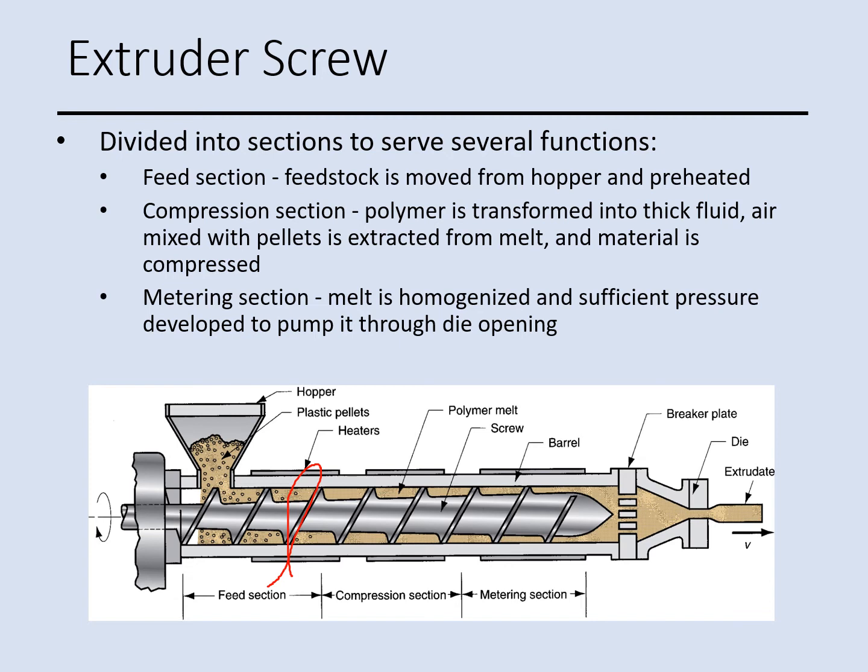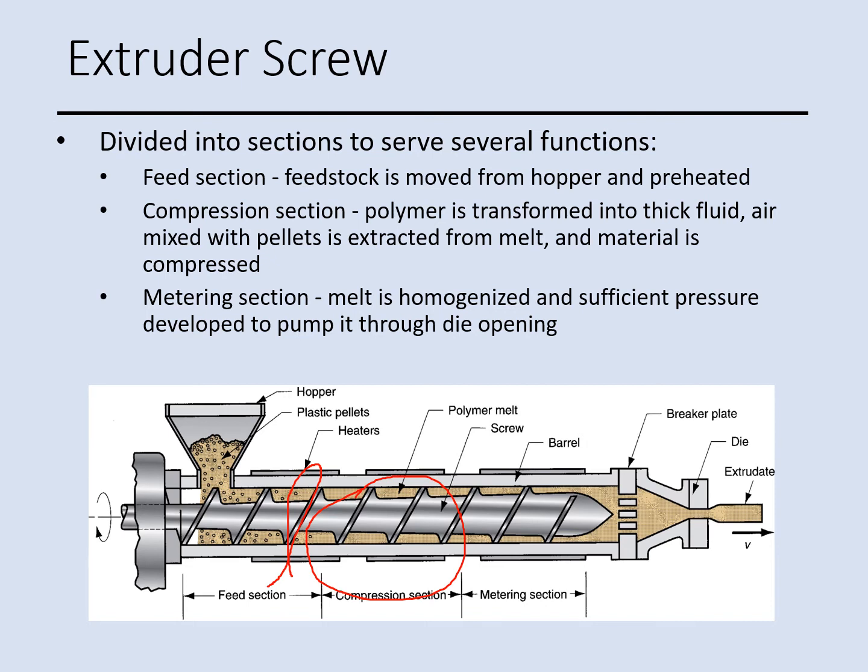The polymer is going to be transformed into a thick fluid, and air that is mixed with the pellets is extracted from the melt. Then the polymer will be compressed in this compression section.